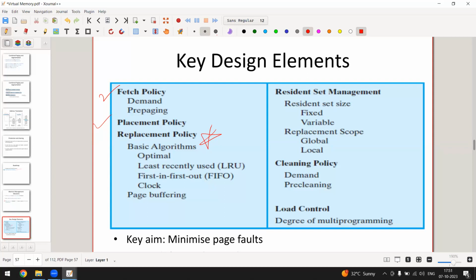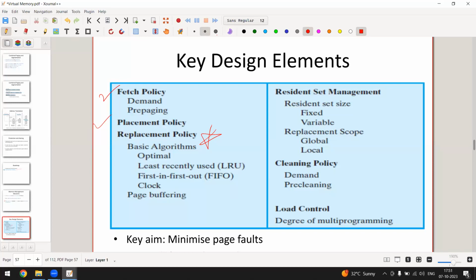So some of the existing pages, one or more pages, you have to swap out. That decision, which page you have to swap out, is called replacement policy. So we have different algorithms on replacement policies like FIFO, LRU, and so on.